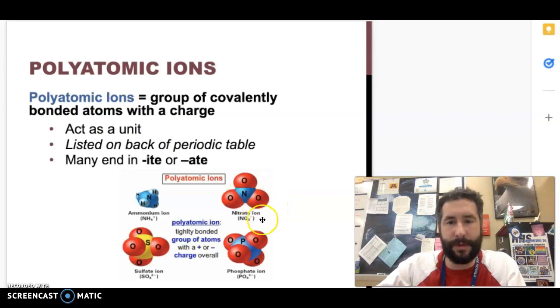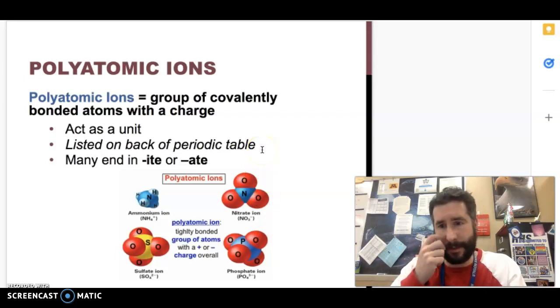Nitrate, NO3 1-, the whole group again has gained 1 electron, and we drew out those structures a little bit in the last chapter, drawing those out, how we have single and double, sometimes triple bonds in here. Sulfate is SO4 2-, and phosphate is PO4 3-.